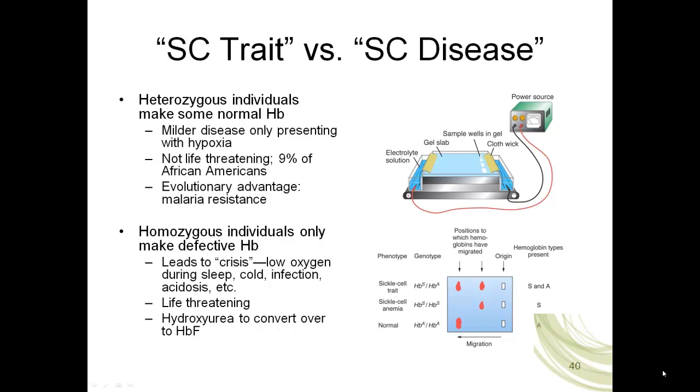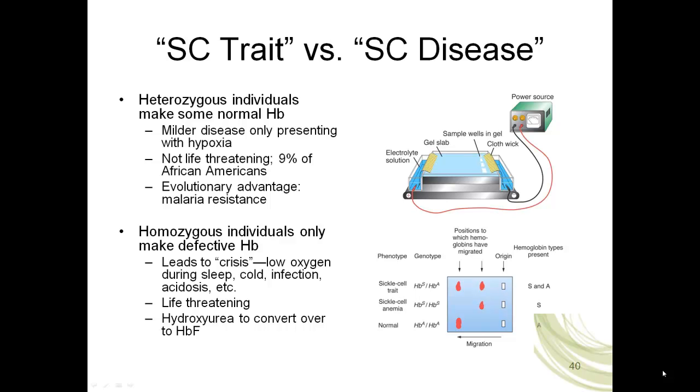It's usually not life-threatening. And interestingly, in African Americans, there is a high population rate of this trait, having one bad copy. And for geneticists, whenever we see a population of people having a high frequency of what would be considered a deleterious, bad mutation, it makes us stop and scratch our heads and say, there must be somehow a protective effect or an advantage if a person has just one bad copy of this gene.